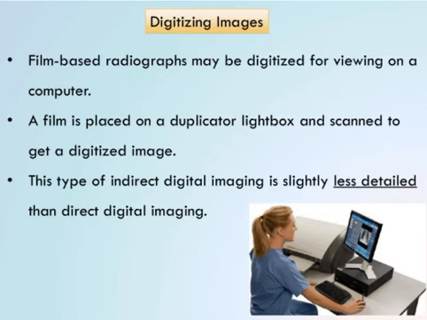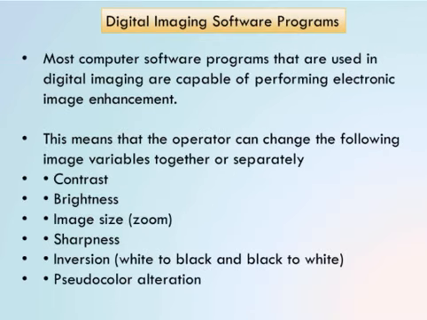So here you are going to use a scanner. It's called a duplicating machine or duplicating equipment. So you have a light box as well. Film is placed on the duplicator light box and scanned to get a digitized image. This type of indirect digital imaging is slightly less detailed than direct digital imaging.